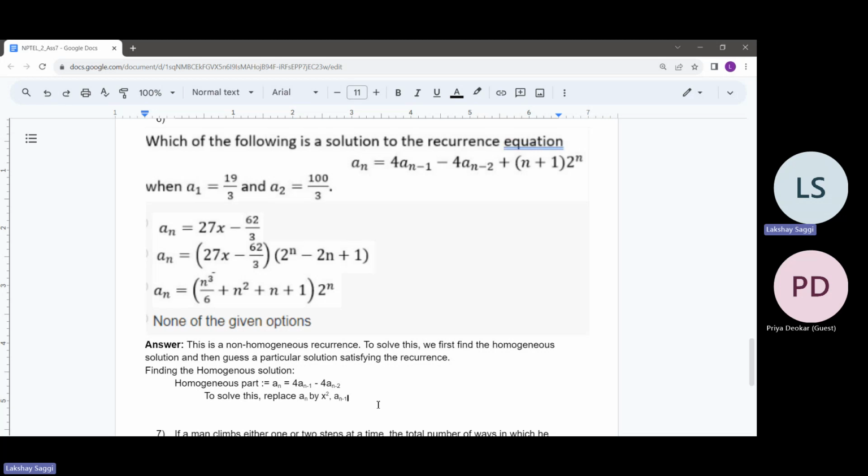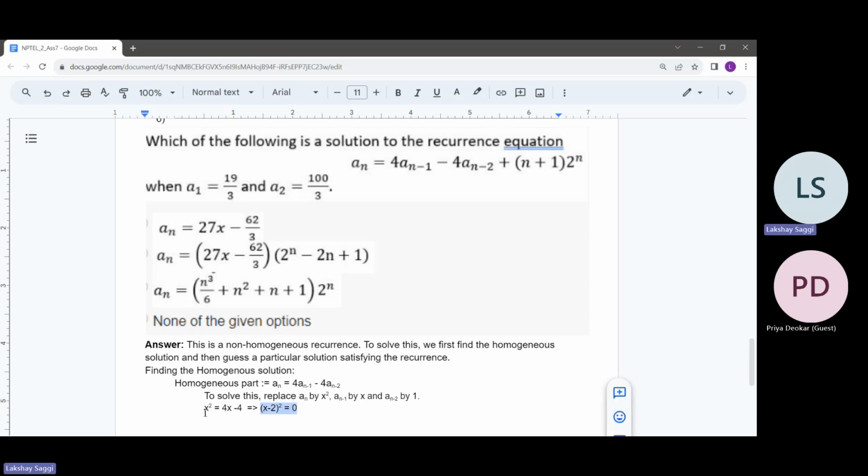So a of n minus 1 by x and a of n minus 2 by 1. We get the equation x squared equals 4x minus 4. From this, we get x minus 2 whole squared equals 0.